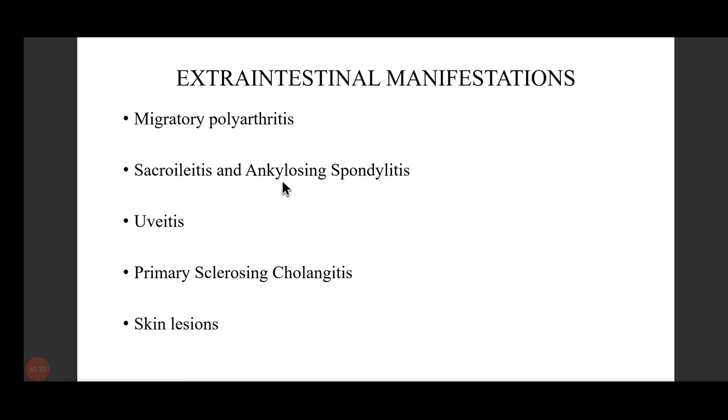No answer. HLA-B27. Okay, it's associated with ankylosing spondylitis, and it is very commonly asked in your NEET PG.